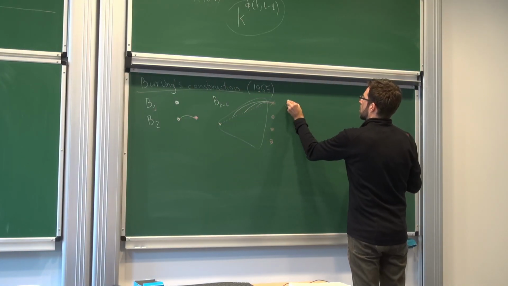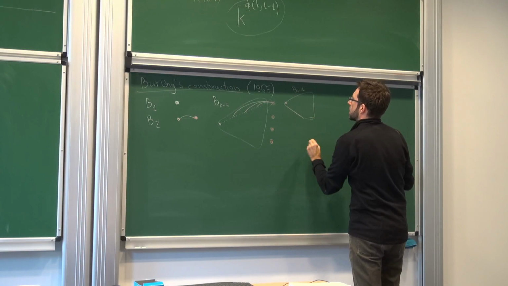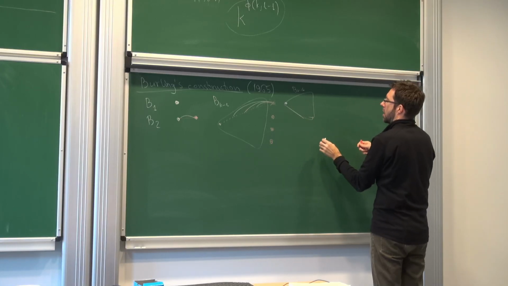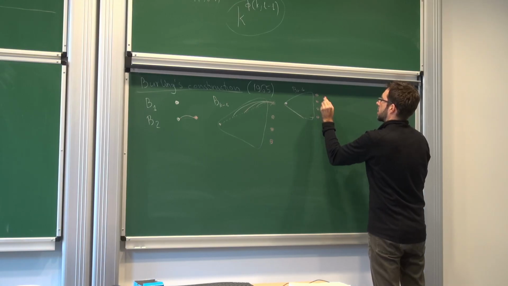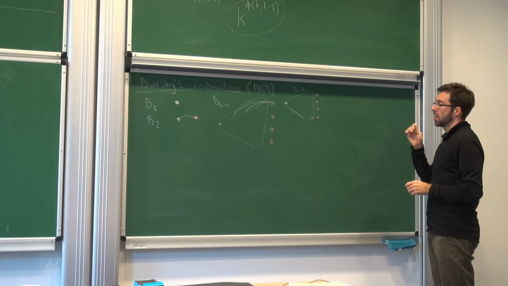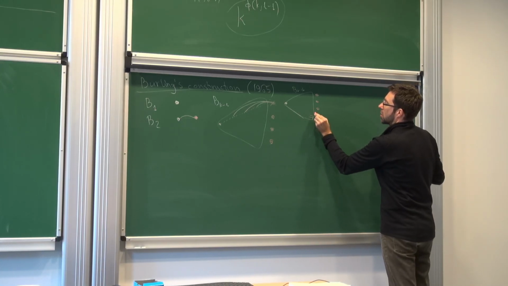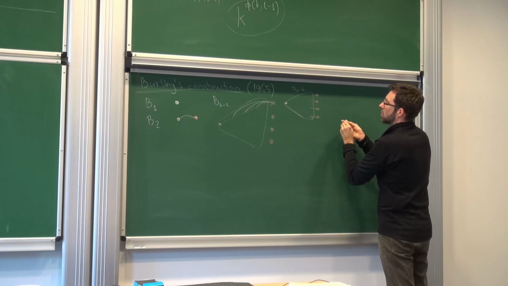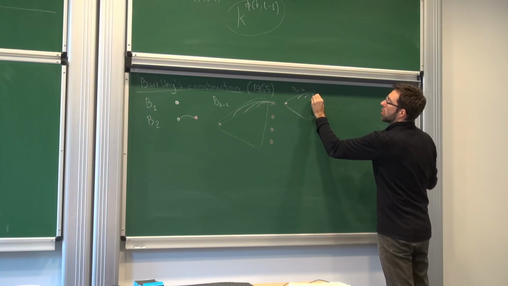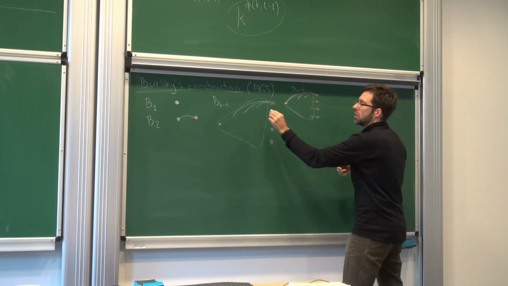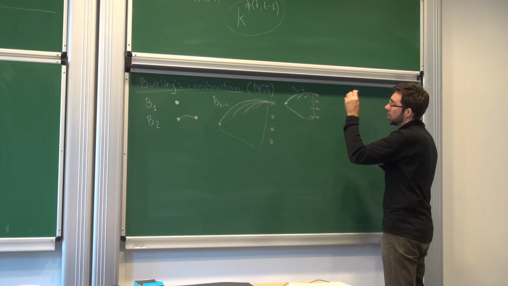And I'm going to draw another copy of B_{k-1}. It has its own root here and some leaves. These are also leaves in the tree, but they also have some neighbors here. Actually, this root will always be a neighbor of a leaf. This will be one of the conditions that we maintain through the construction.